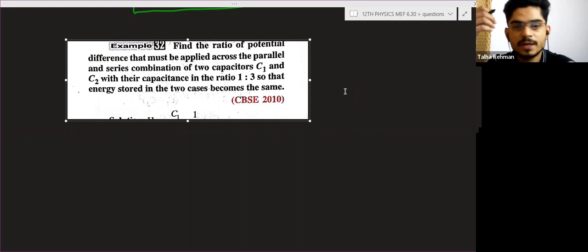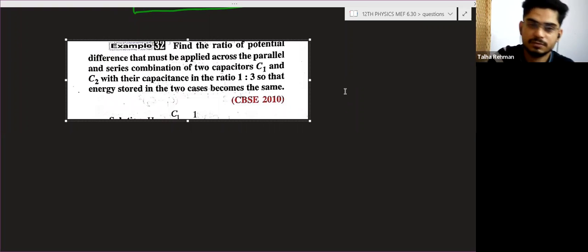They are saying first arrange the capacitors in series and calculate the energy, and after that connect C1 and C2 in parallel, calculate the energy, equate the energies and find the ratio of potential difference. Very simple.